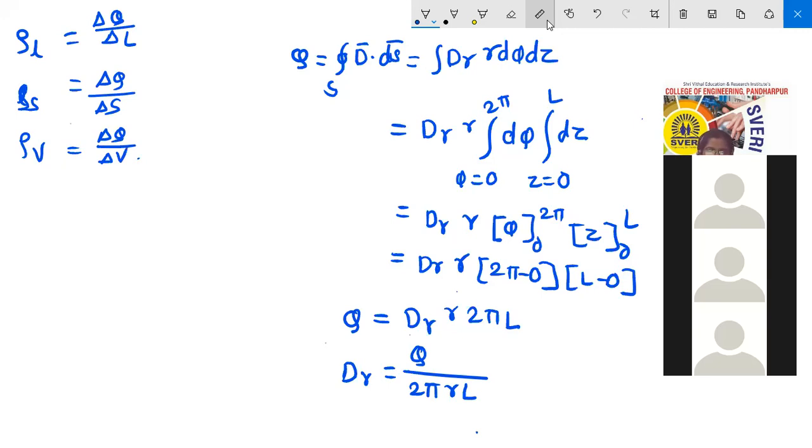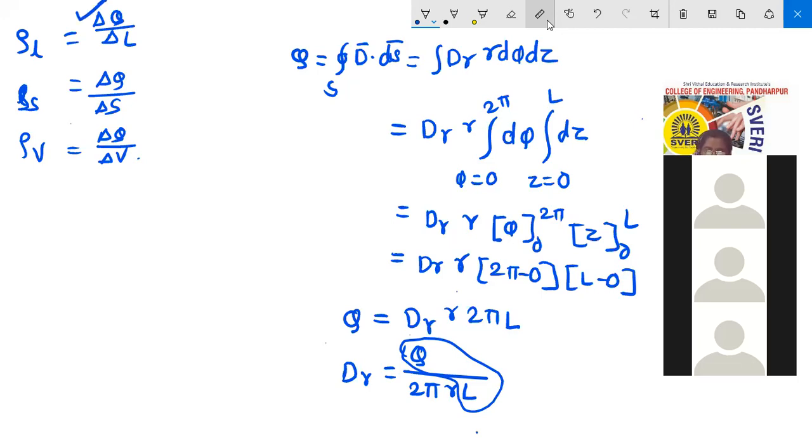So what is given here? Here, this is Q divided by L, right? So why is it delta? When we are taking some small sections, that time we are using this delta.